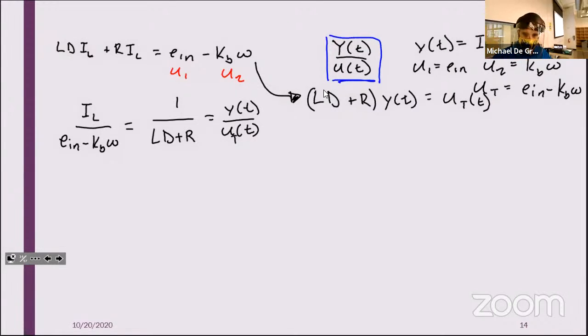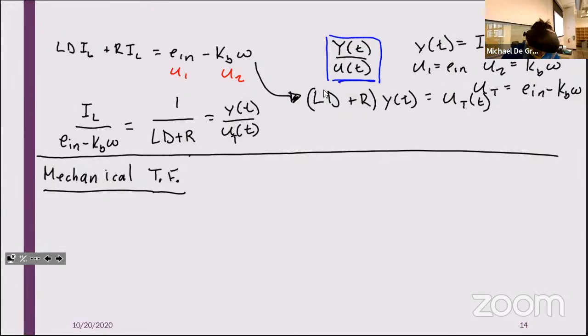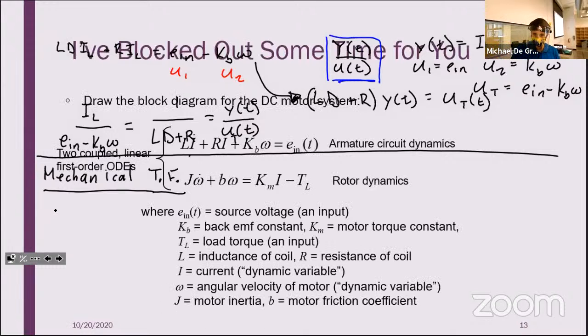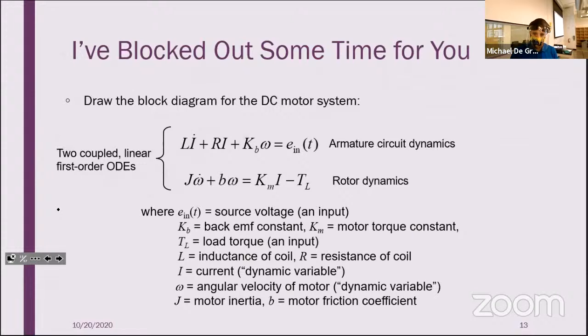We also need one for the mechanical side. Look at it: J omega dot plus B omega is equal to K m.